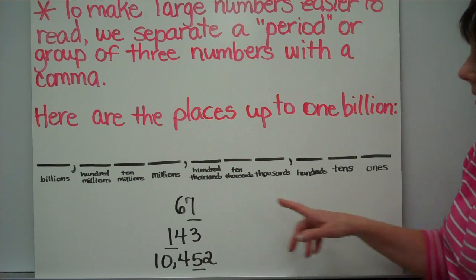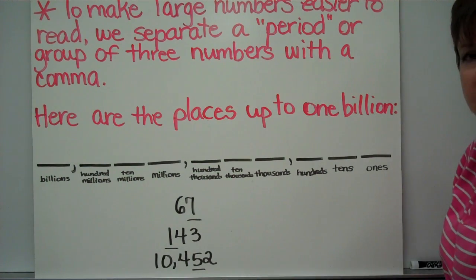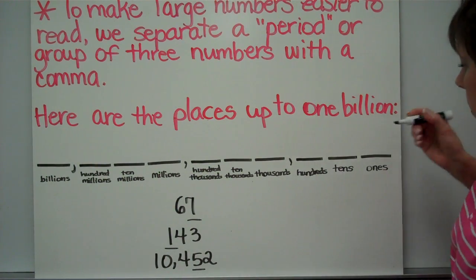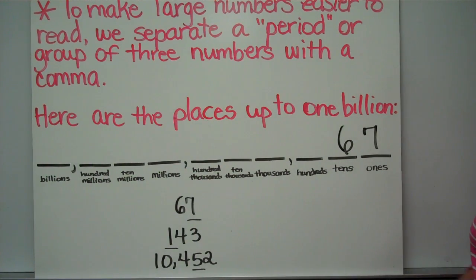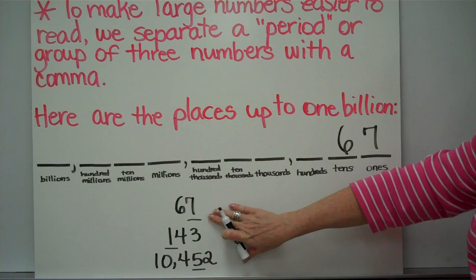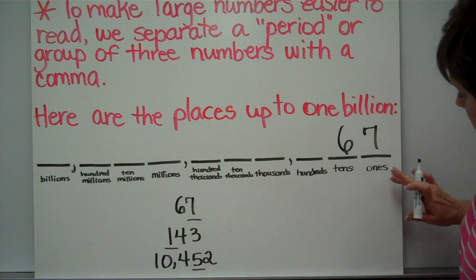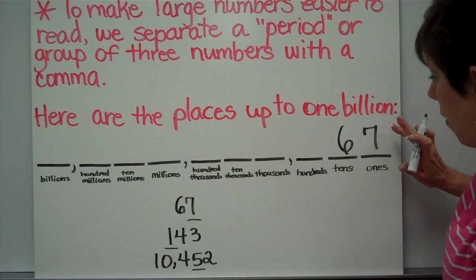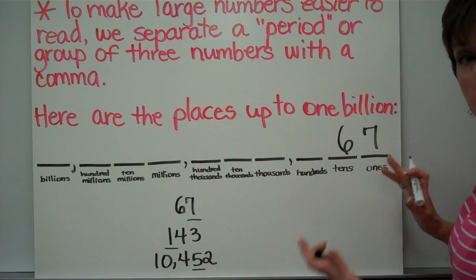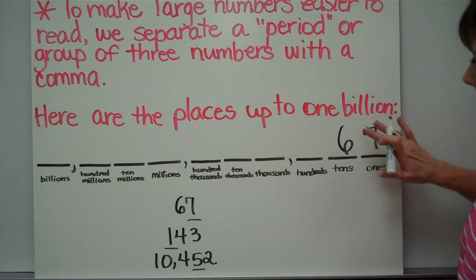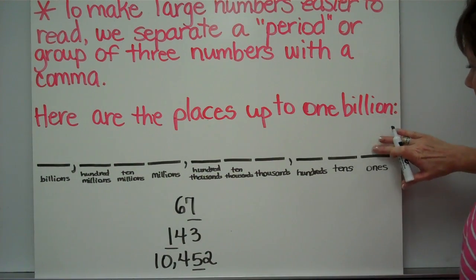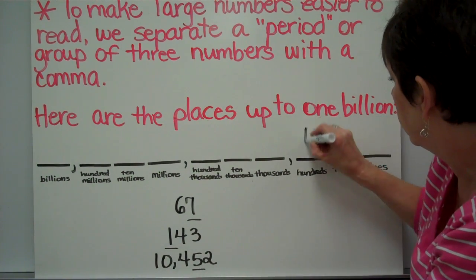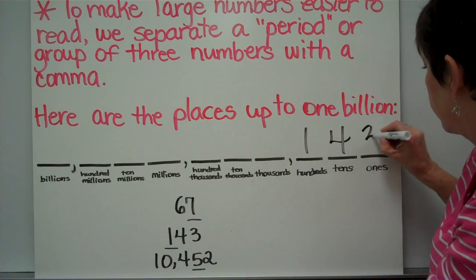All right? Let's look at this number here, 67. If we were to write 67, what place is the 7 in? Because you see it in the ones place here, we would say that it is in the ones place. All right, next, 143.